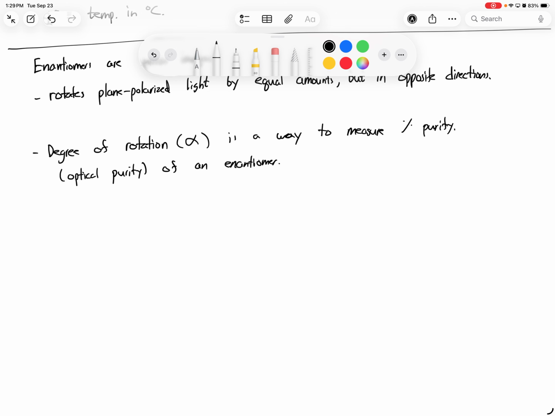All right, so how do we measure purity? There is an equation, so let's write it down. Percent optical purity equals, in parentheses, alpha observed over alpha for a standard value. So this will be your pure substance, the pure enantiomer, times 100.